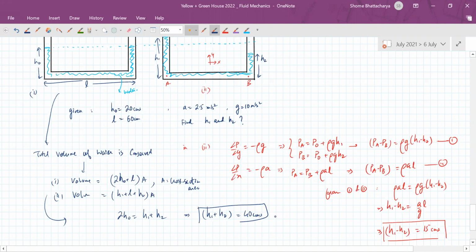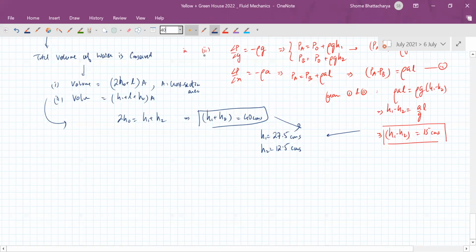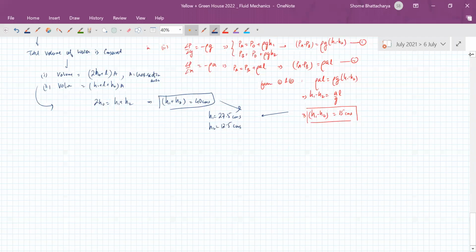Now you solve these two equations together and your h1 will come out to be 27.5 centimeters and h2 will come out to be 12.5 centimeters. So we are using a combination of the concept of pressure gradient and one very simple logical idea that volume of liquid is remaining conserved.